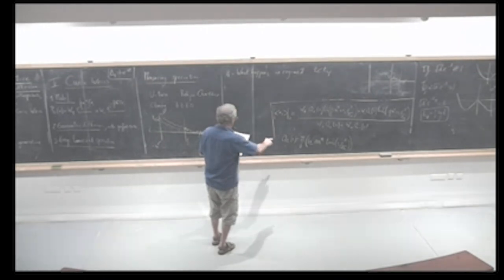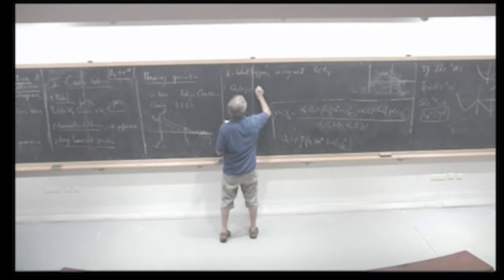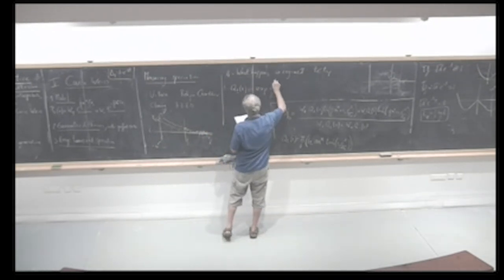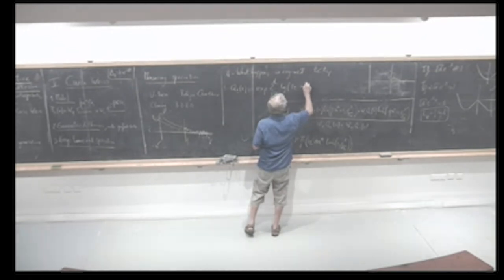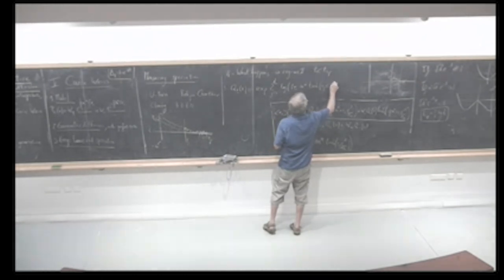I can look at what is q plus or minus of x. This is exponential, sum over j equal 1 to d of log of 1 plus or minus m star tanh of x_j e to the minus t over delta t.